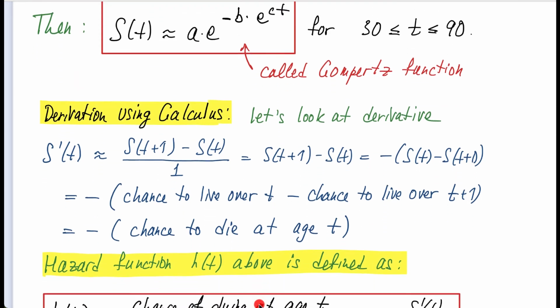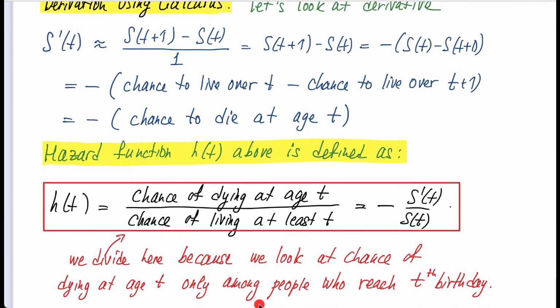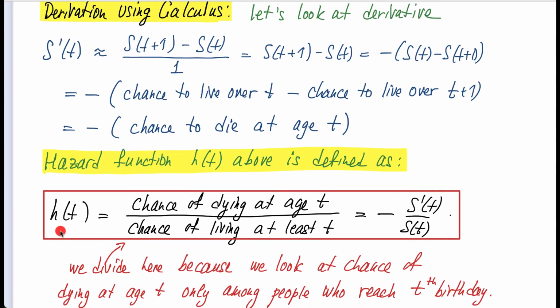And then the hazard function, or this death probability, is exactly this chance of dying at the age of t, or the difference between two values in the third column, divided by the value at the third column, or the chance of living up to your birthday number t.